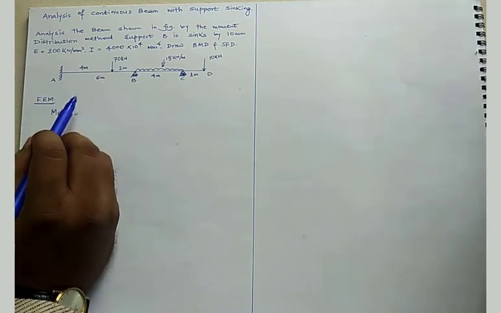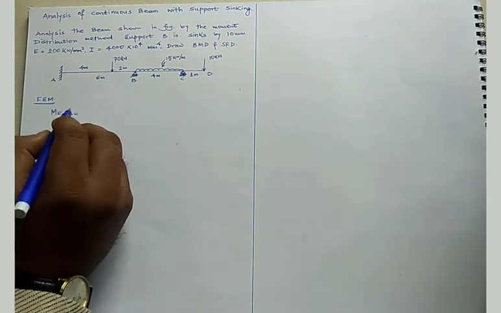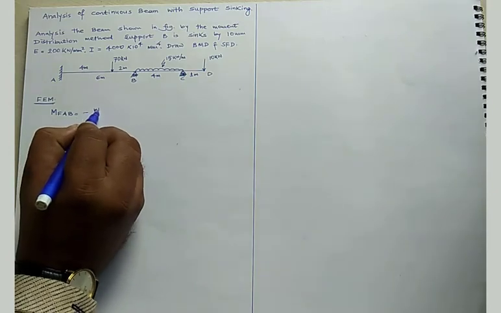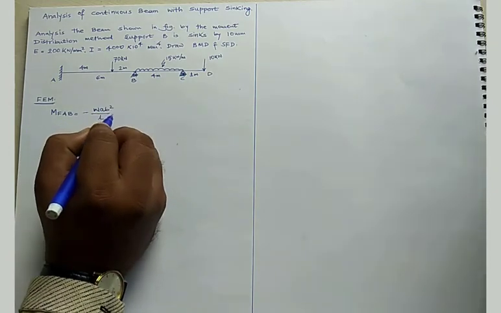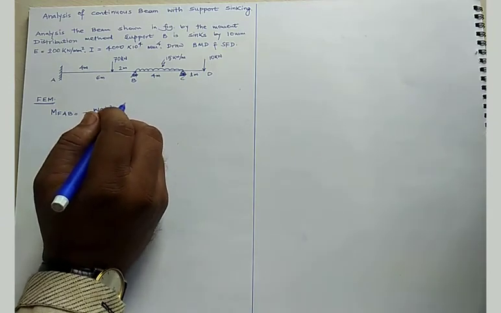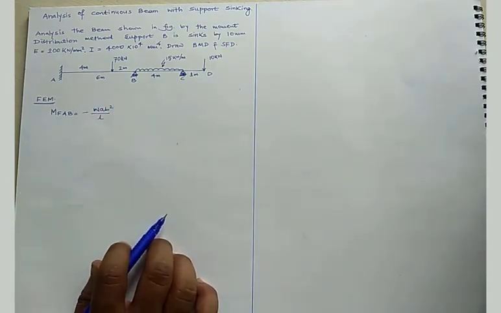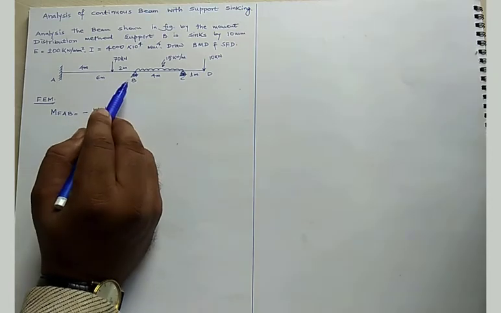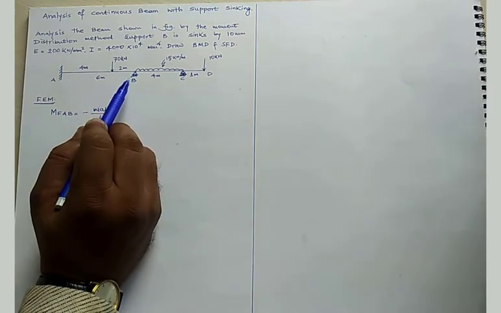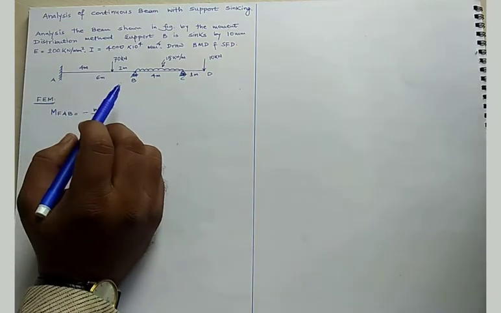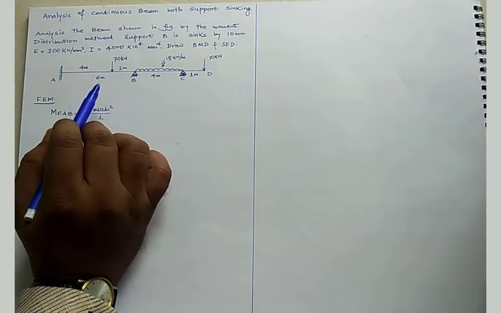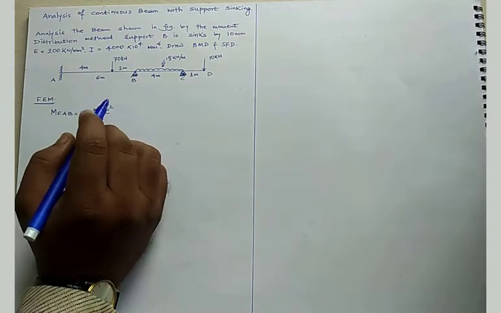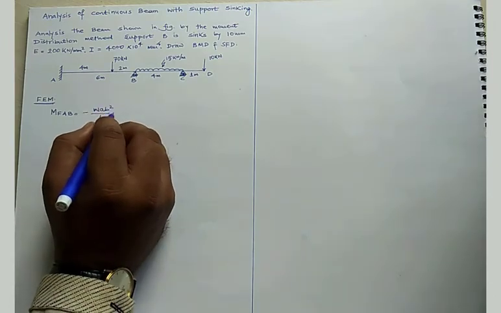As span AB consists of an eccentric load, it is minus WAB square divided by L, and we have to add the moment which is induced due to the sinking support. As the support B sinks, the moment induced on the left side of this support will be negative, in the anticlockwise direction.